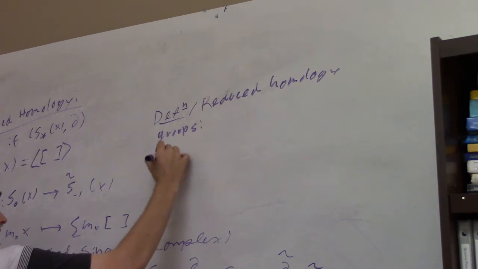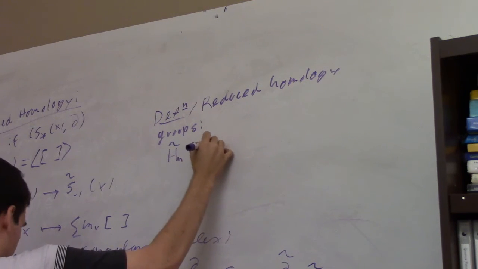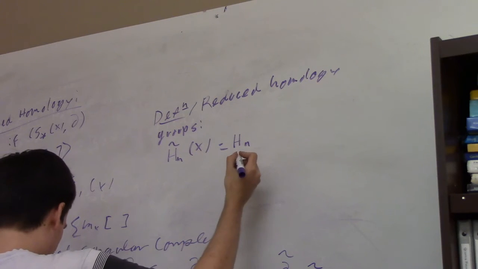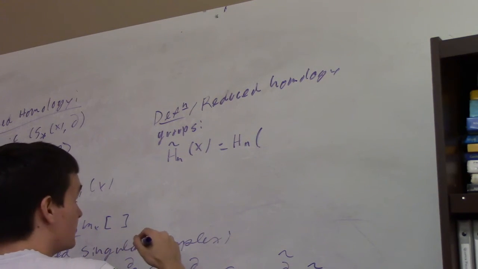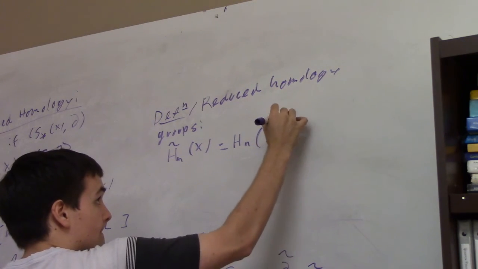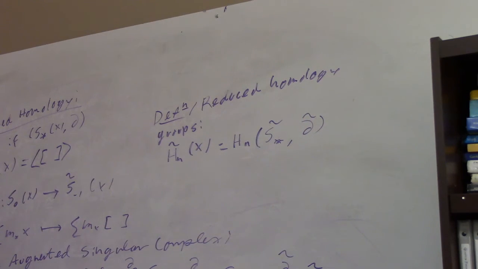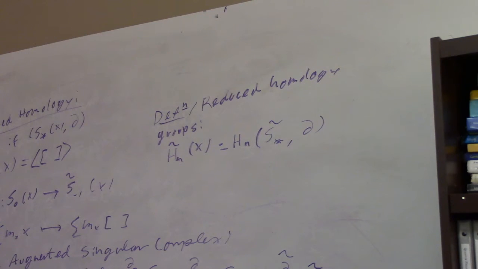Are going to be H tilde n of X, which is just the nth homology group of the augmented singular complex. I guess they choose that. So now our theorem.